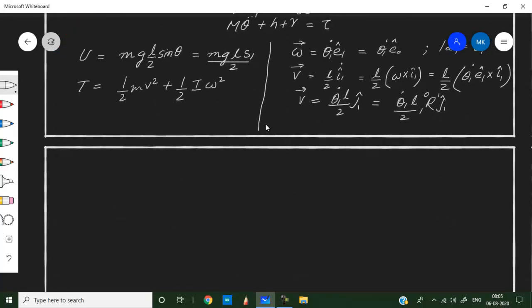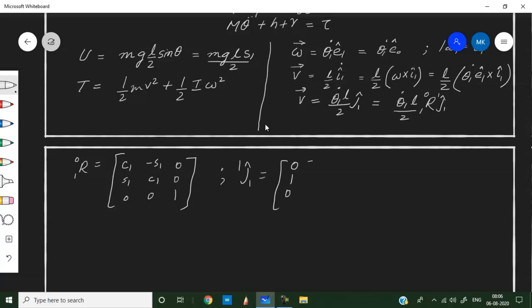So we have R of 1 to 0, which is nothing but rotation about the z axis: cos theta 1, minus sine theta 1, 0; sine theta 1, cos theta 1, 0; 0, 0, 1. And J1 in frame 1 is nothing but the j vector, along the y-axis, so it should be 0 1 0.